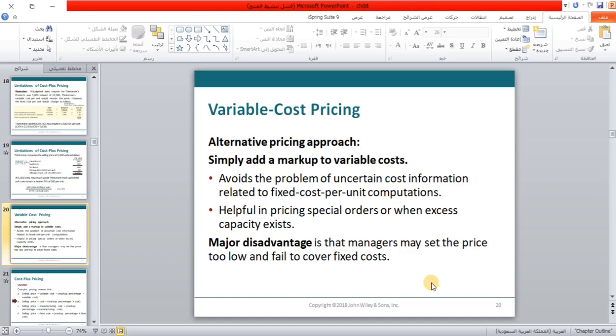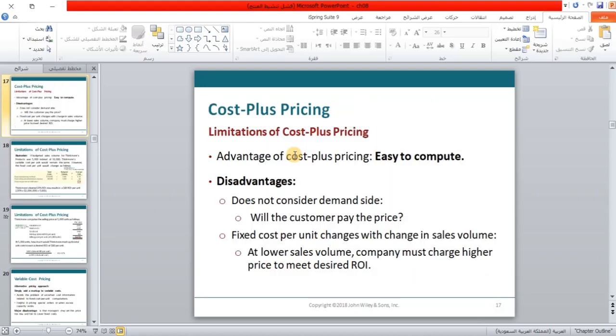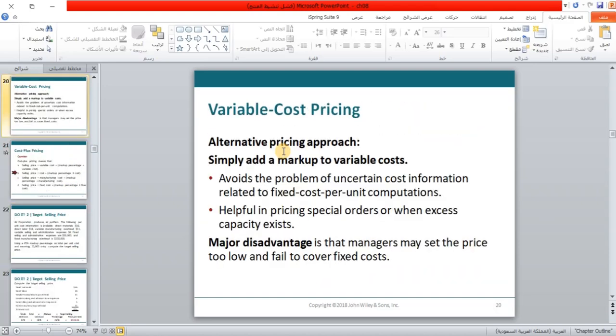Variable cost pricing, an alternative pricing method. To avoid the disadvantages of cost plus pricing, we can apply variable cost pricing. Simply add a markup to our variable cost. This avoids the problems of uncertain cost information related to fixed cost. The per unit computation is helpful in pricing special orders or where excess capacity exists.